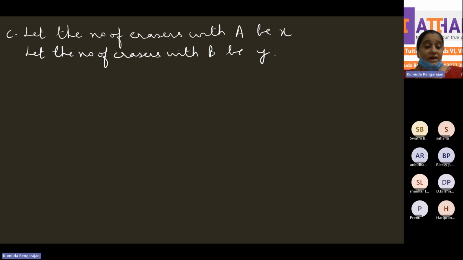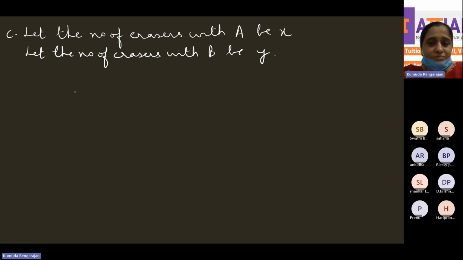A and B have some erasers. So we have assumed that A has X erasers and B has Y erasers. A said to B, if you will give me 10, I will have twice the erasers left with you. So B should give A 10.